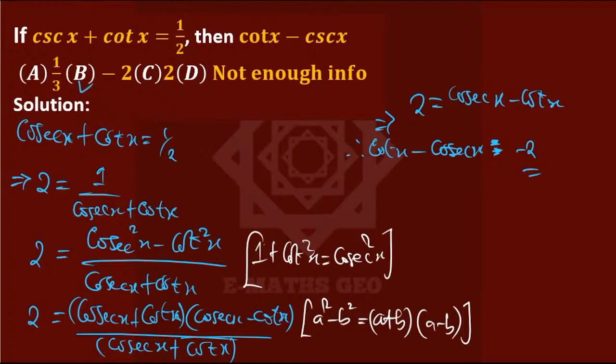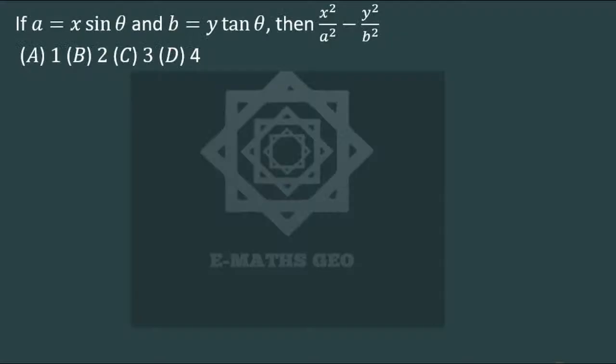Question 3: if a equals x sine theta and b equals y tan theta, then we have to find x squared over a squared minus y squared over b squared. So this is an equation on trigonometry. Okay, we'll start.